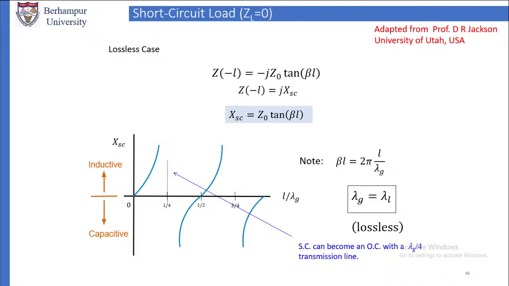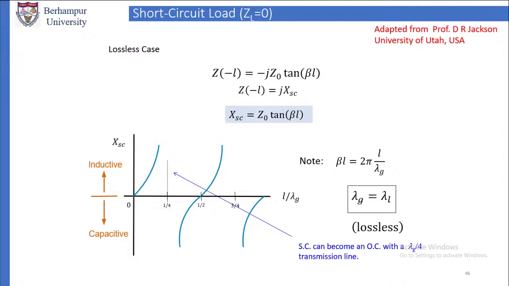Since 2 pi is constant, let us consider L by lambda g. On the x-axis we will take L by lambda g, and on the y-axis we will take X_SC. When L by lambda g is equal to 0, then beta L is equal to 0, so tan beta L is equal to 0. So that is the first point of the curve.